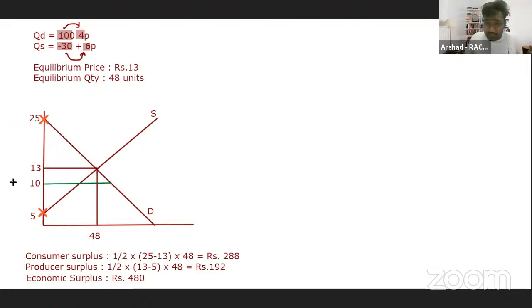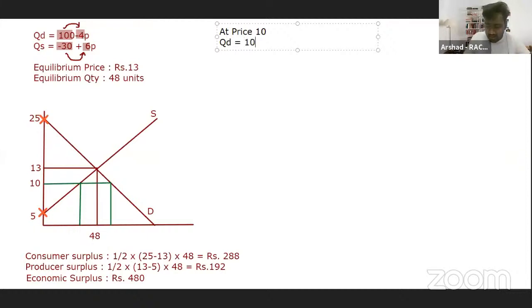So at the price of 10, find out how much is the quantity supplied. At this same price, find out how much is quantity demanded. You then get the demand and the supply. At price 10, how much is the quantity demand, guys?